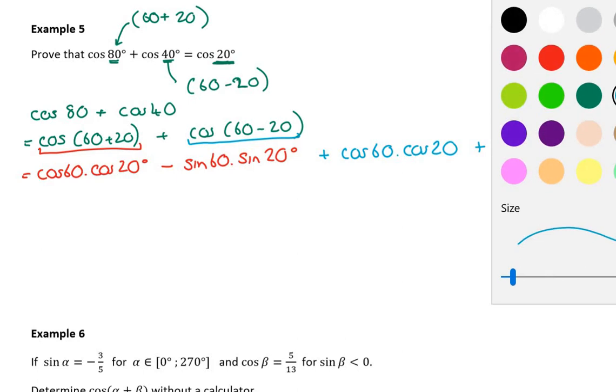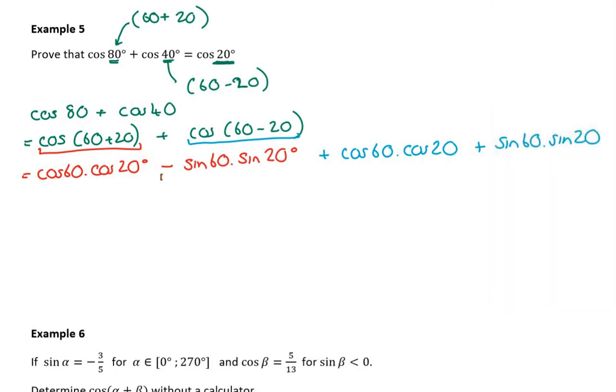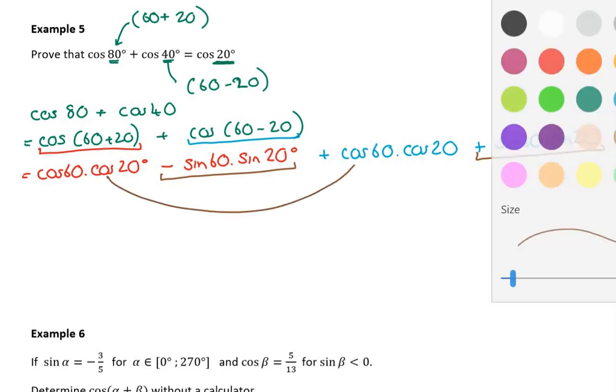Now there might be some like terms, so let's check. Well, there's minus sine 60 sine 20, and there's plus sine 60 sine 20, so they actually cancel each other out. So I land up just having those two, and I'm going to use special angles.